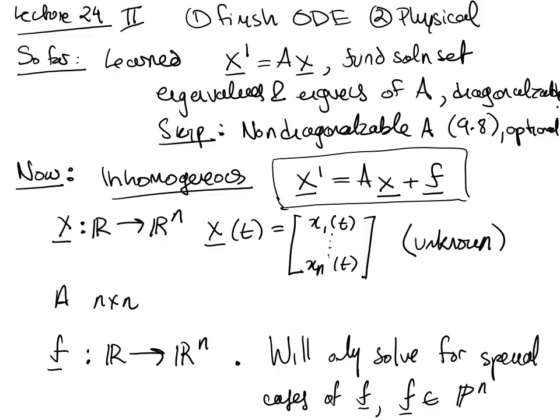So f is in P^n. Remember, P is polynomials in t. And we're going to do this using the method of undetermined coefficients. Rather than give you a theorem explaining the method of undetermined coefficients, I'm just going to show you one example to make it clear how to do this. The idea is the same as in the second order case. So let's look at an example.